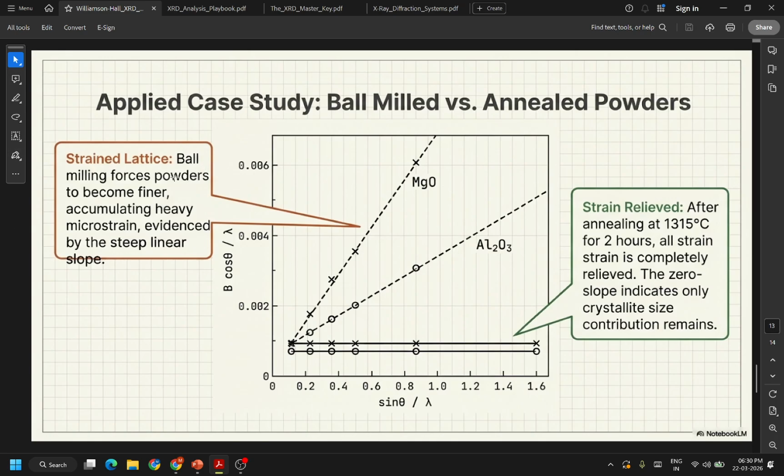So if you take ball-milled powder, ball milling forces powders to become finer, and simultaneously they accumulate heavy microstrain, which is evidenced by the steep linear slope as you can see here. But when you anneal them at 1300 degrees Celsius for 2 hours, all the strain is completely relieved, and this is indicated by the zero slope here.